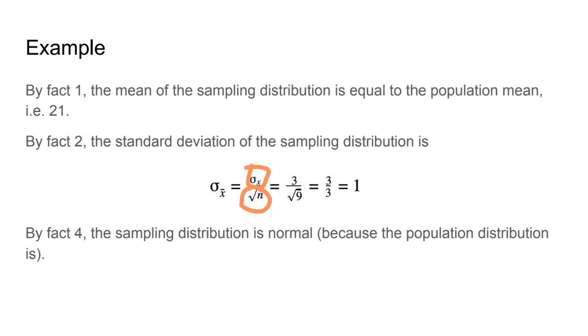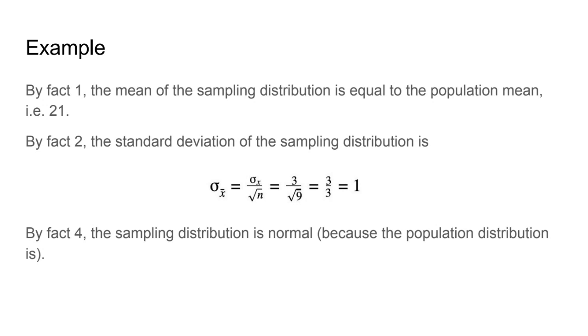The sample size is 9, the population standard deviation is 3, the square root of 9 is 3, and 3 divided by 3 is 1, so the standard deviation of the sampling distribution is 1. Okay, so this is how we apply fact 2. This is something that you will frequently have to do in exercises and very likely also in the exam.